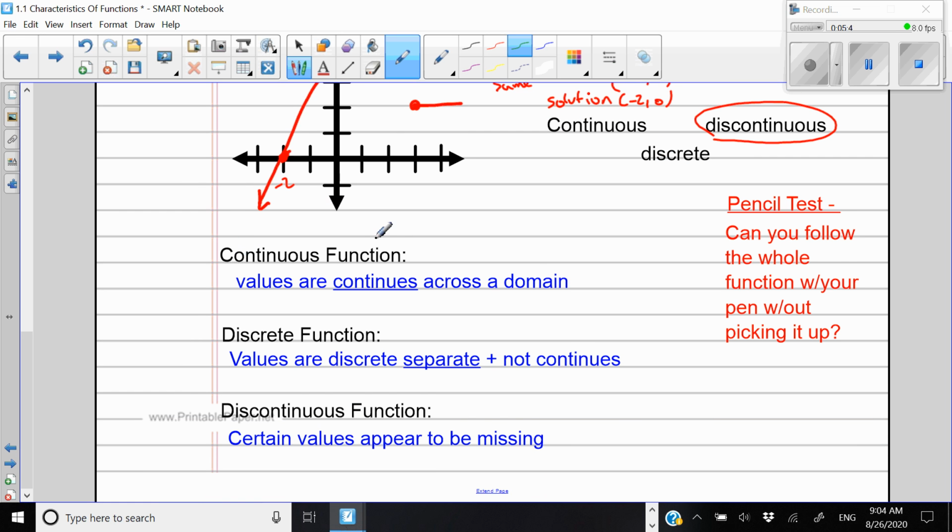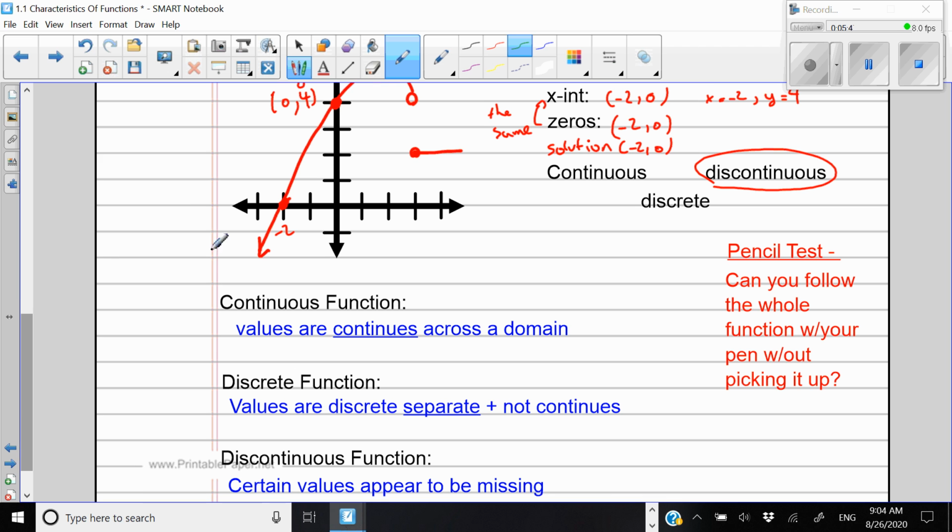A continuous function is when the values are continuous across a domain. So all the values are continuously coming one after each other. We don't have to make a jump. A discrete function is when the values are discrete or separate and they are not continuous.